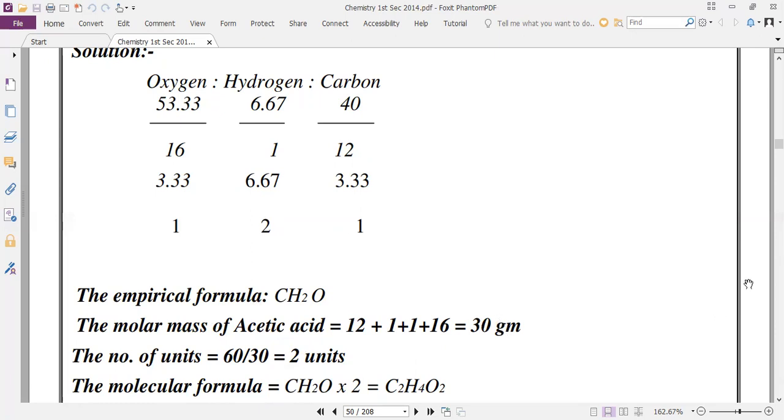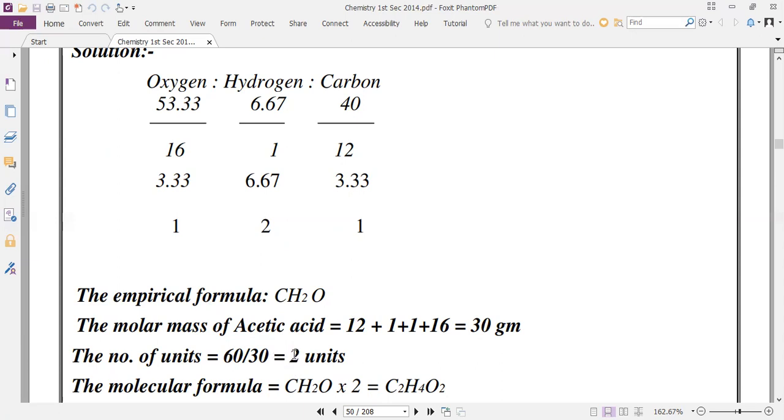So number of units equals what? Mass of substance divided by molar mass of the empirical formula, right? Yes. Mass of substance 60 divided by molar mass of empirical formula 30 equals 2. So we have 2 units.